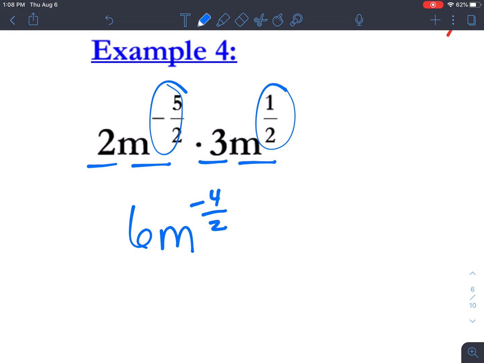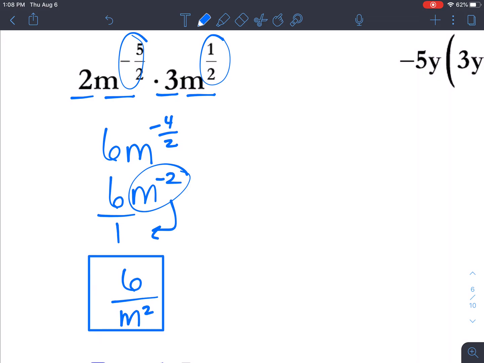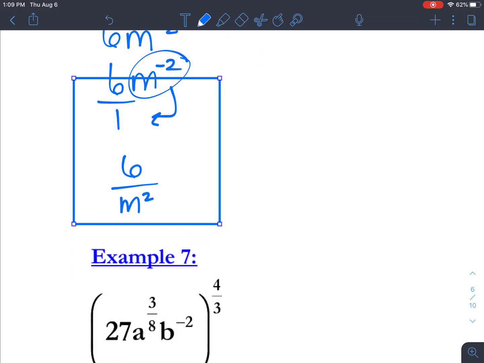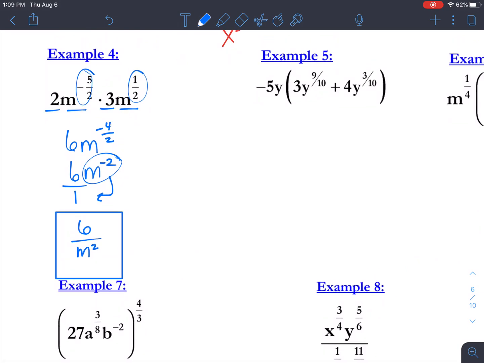Well, -4/2 is -2. And we flip this guy to the bottom of the fraction. 6 over m squared. Again, because we don't end with any negative exponents. Okay. So 6 over m squared, final answer there.